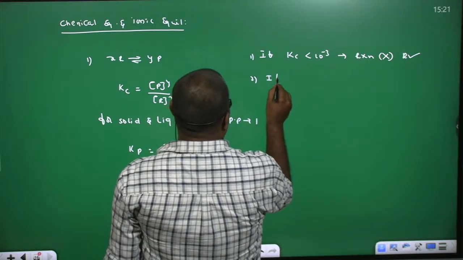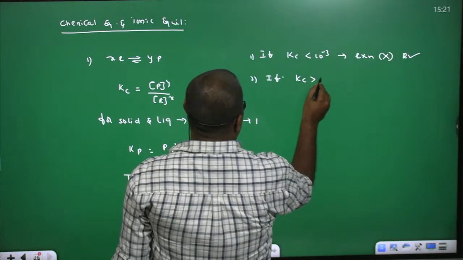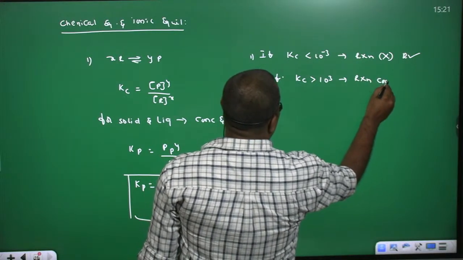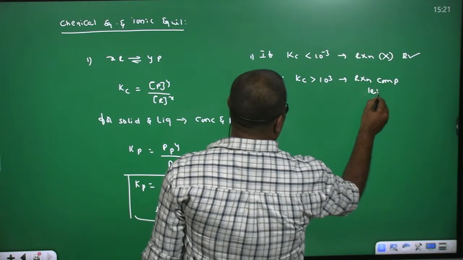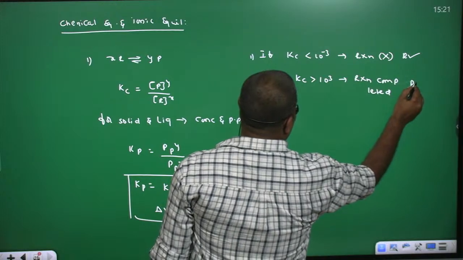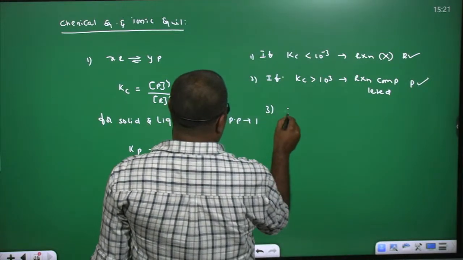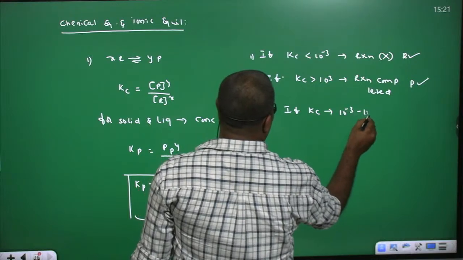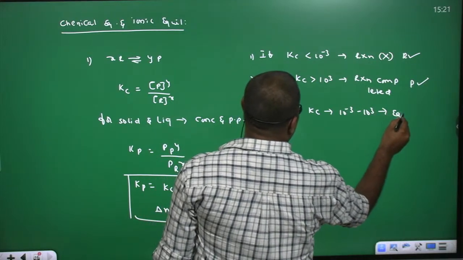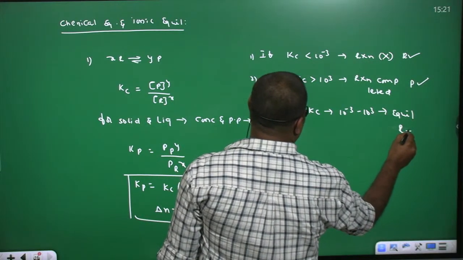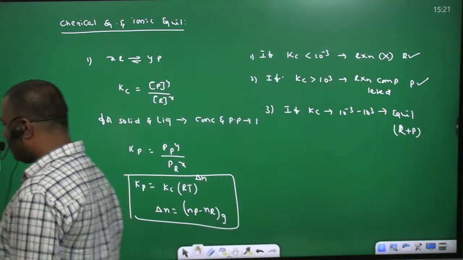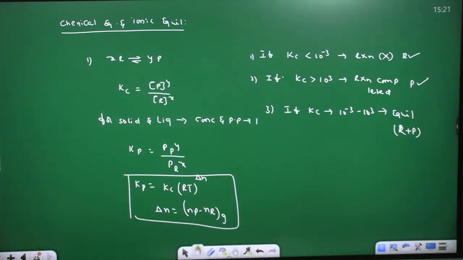If Kc is greater than 10 cube, the reaction is completed, and you can find only products. Whereas if Kc is in the range 10 power minus 3 to 10 cube, the reaction is in equilibrium, and both reactants and products are present in the container.